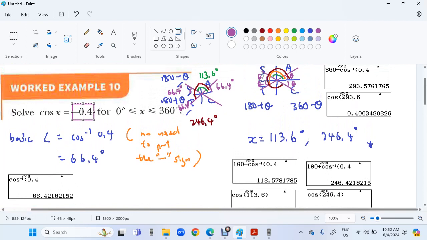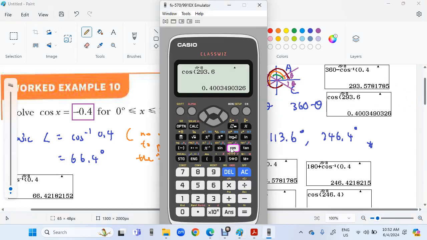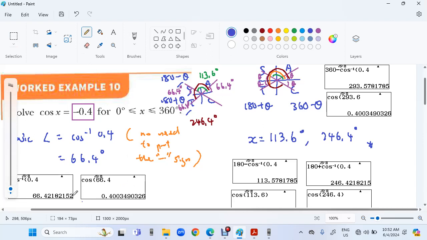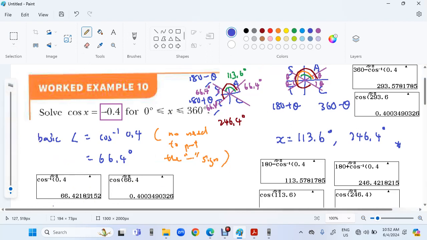The second and third quadrants give negative values, and the first and fourth quadrants will give you 0.4. So the cos of 66.4 also returns 0.4. We have some rounding error, so it doesn't come out exactly 0.4.